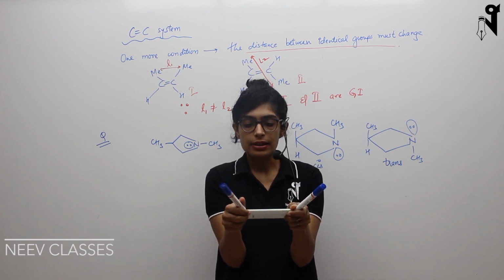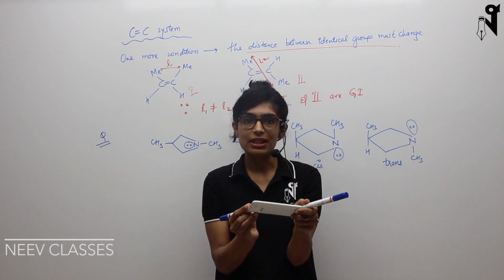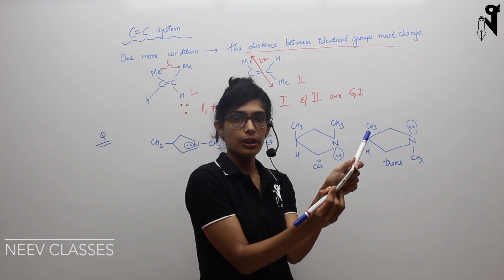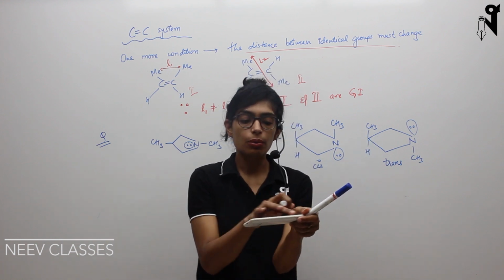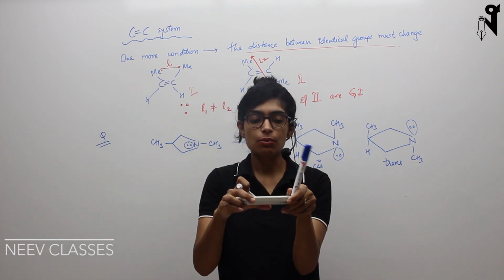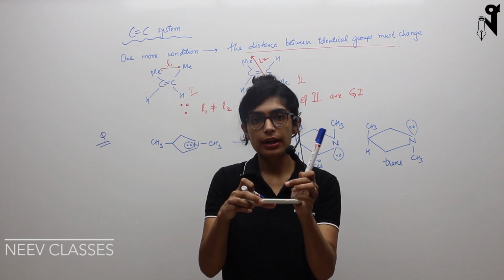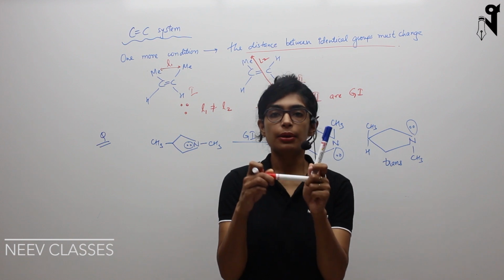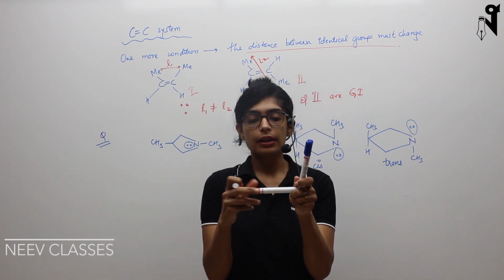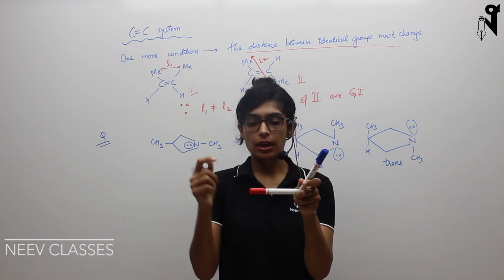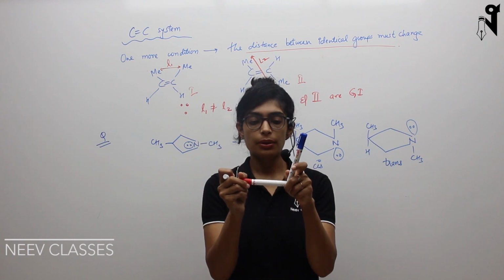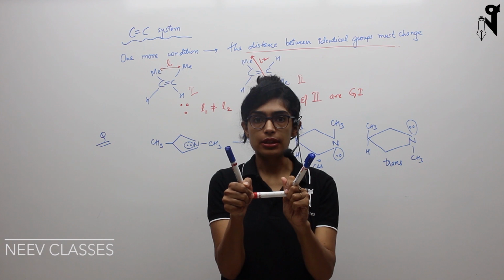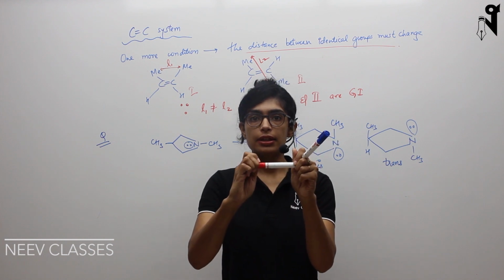Don't treat it as a cyclic thing; assume this is carbon double bond carbon, and this is one CH3 and this is another CH3. If I keep it like this, it is cis. If I keep it like that, it is trans.